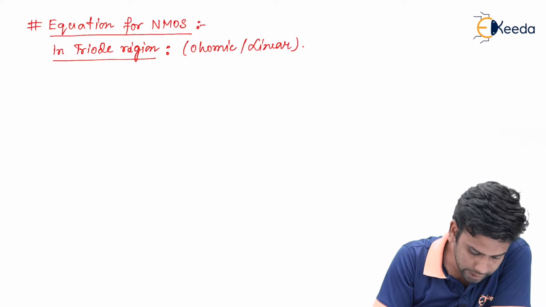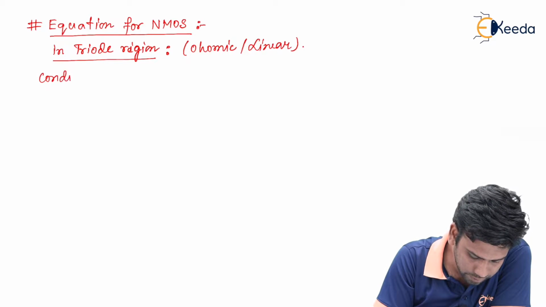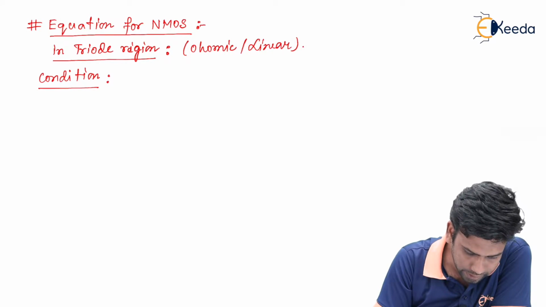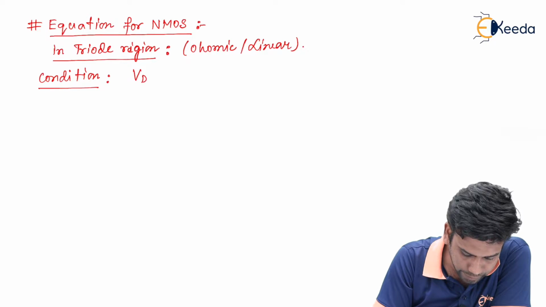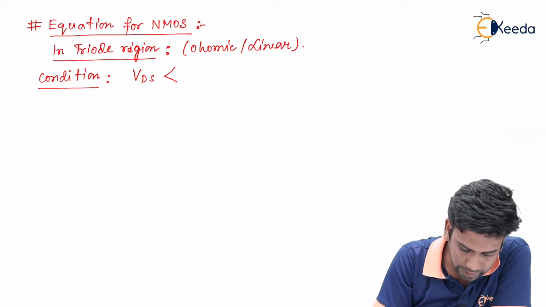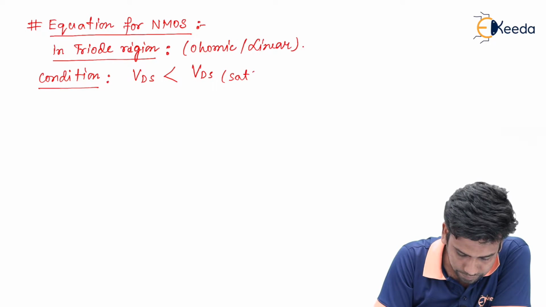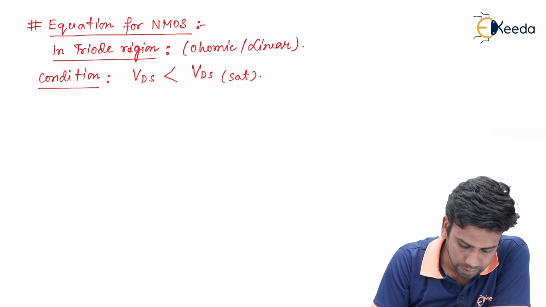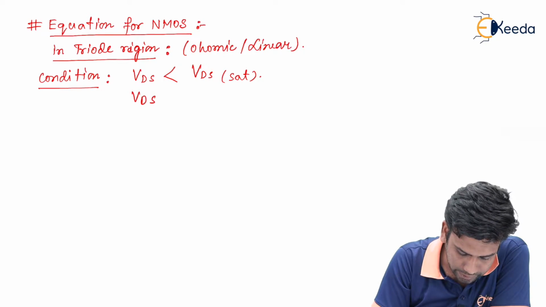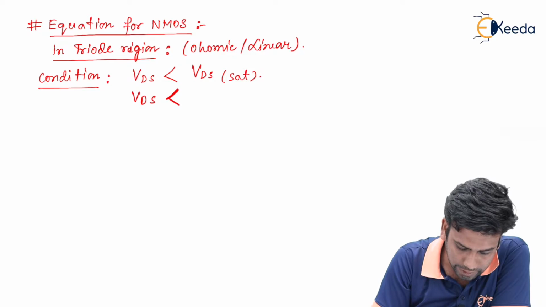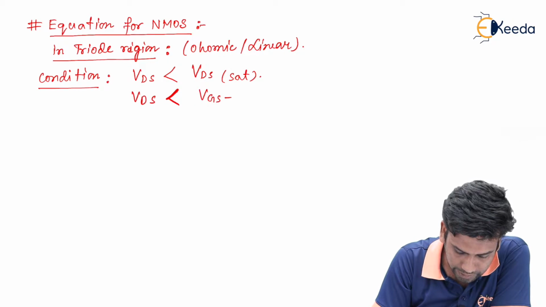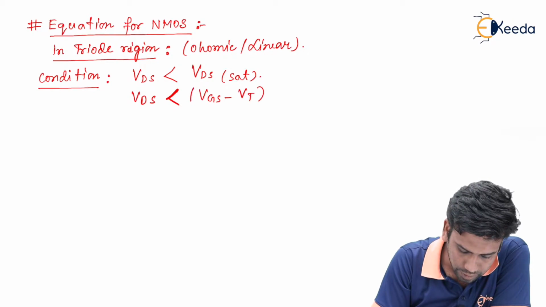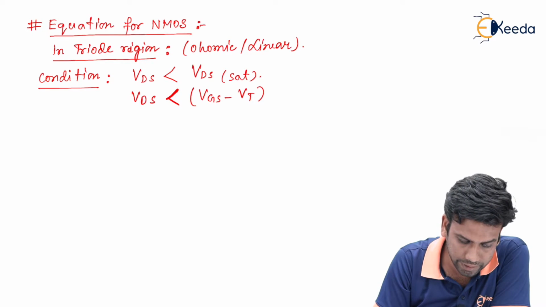In the ohmic region, the condition is that the drain to source voltage, that is VDS, should be smaller than VDS saturation. Means we can write that VDS is smaller than VGS minus VT. This VT is the threshold voltage.